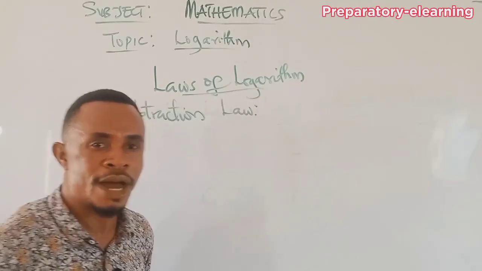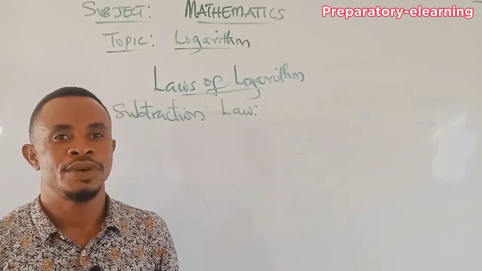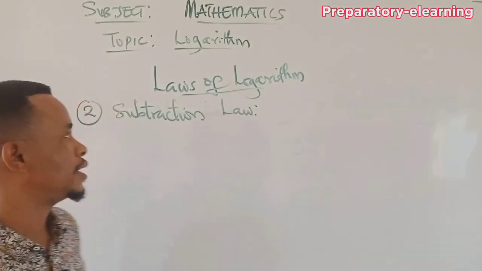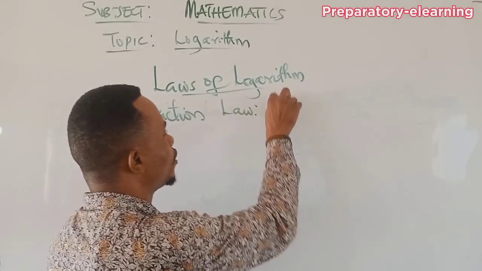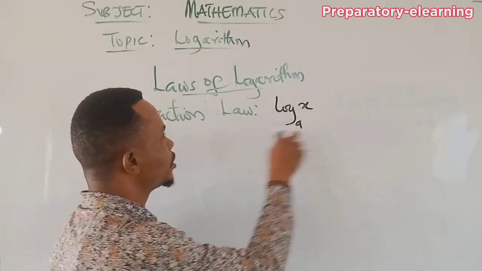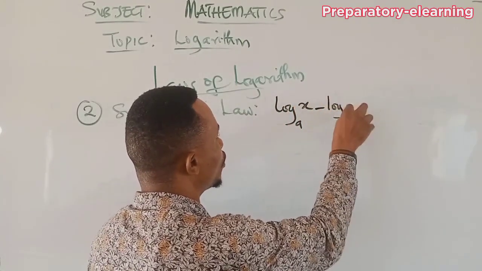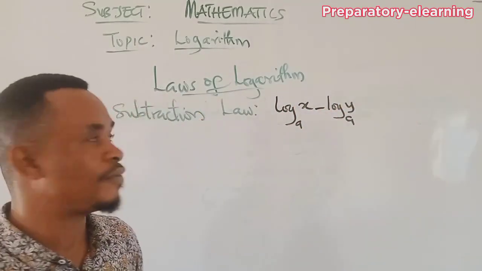So the next law now is the subtraction law. So how do we express this subtraction law? If we have log x base a, because of subtraction, minus log y base a, how do we simplify that?